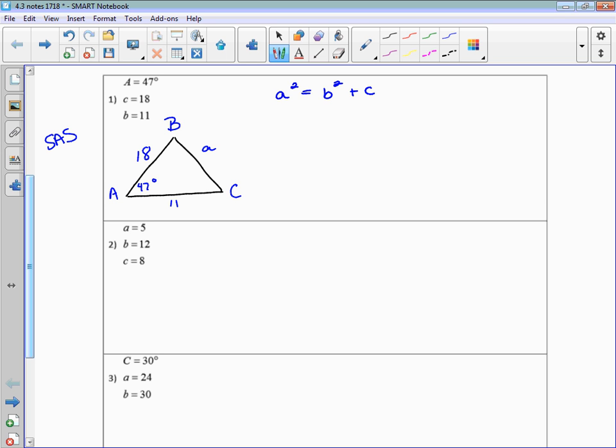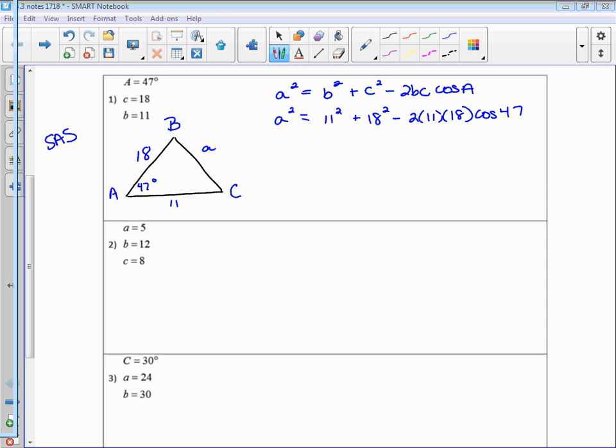Equals B squared plus C squared minus 2BC cosine of A. So A squared equals 11 squared plus 18 squared minus 2 times 11 times 18 cosine of 47. All right, you need your calculator. Key that in. We're going to go 3 decimal places for everything today.